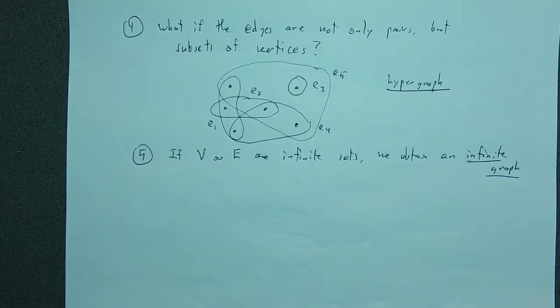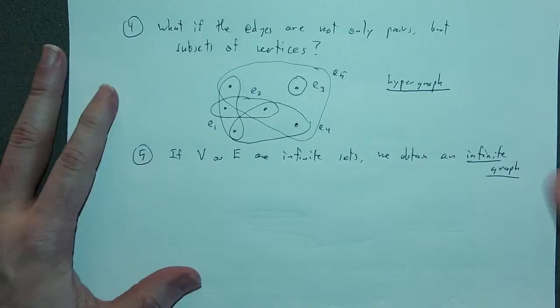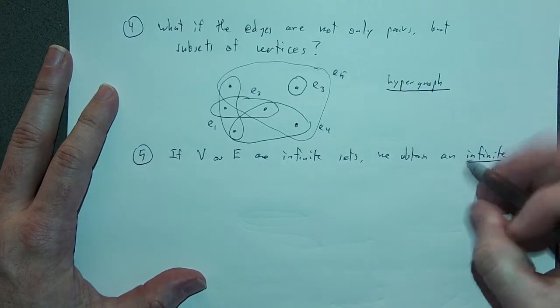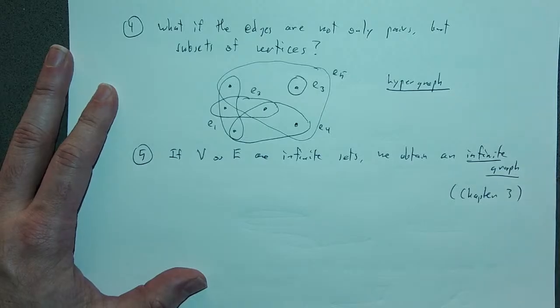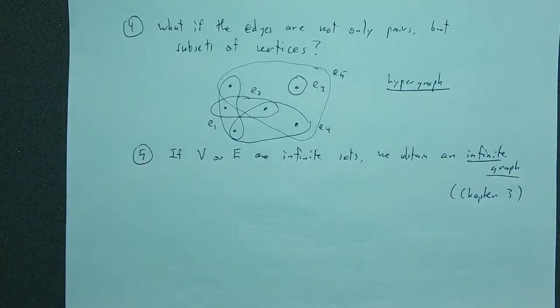Again, even if you think that maybe these are a little bit more exotic structures, and they are in a sense, there's never something so esoteric that doesn't have some application somewhere. In fact, infinite graphs are the topic of chapter 3. So we will discuss these things, time permitting, later in the course.